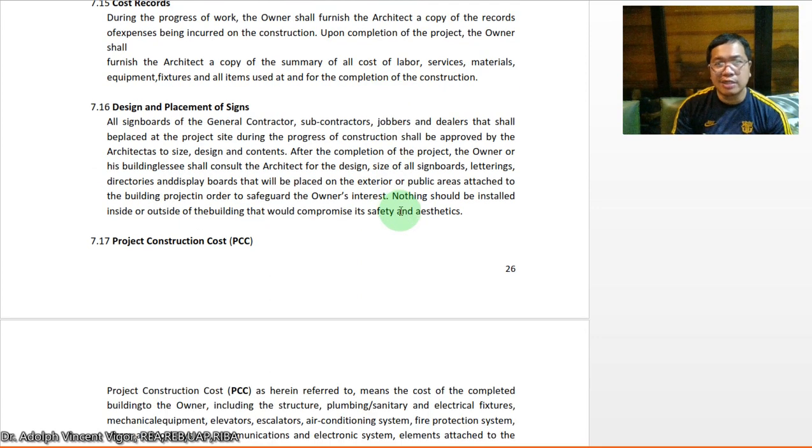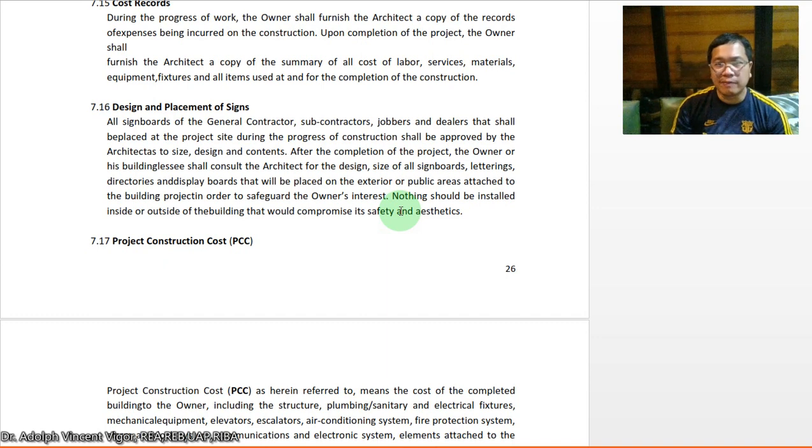So here we have the design and placement of signs. All signboards of the general contractor, subcontractors, jobbers, and dealers that shall be placed at the project site during the progress of construction shall be approved by the architect as to size, design, and contents.